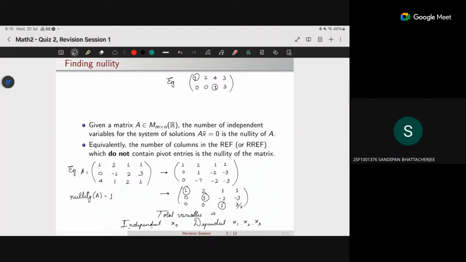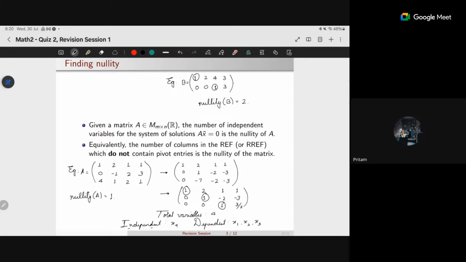So the number of independent variables is the nullity. Or in terms of the number of columns which do not contain pivot entries, they are in one-to-one correspondence with the independent variables. So it's really saying the same thing in a different way. So these two points are the same. If this is B, then the nullity of B is 2.